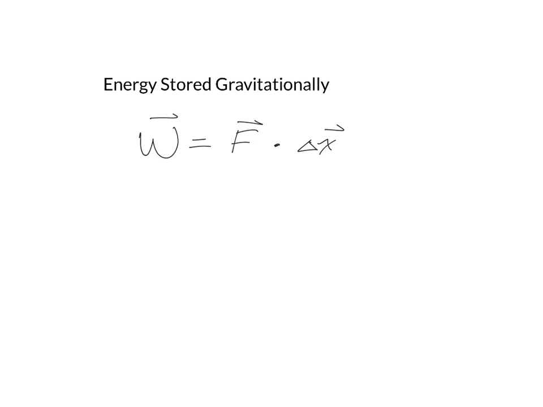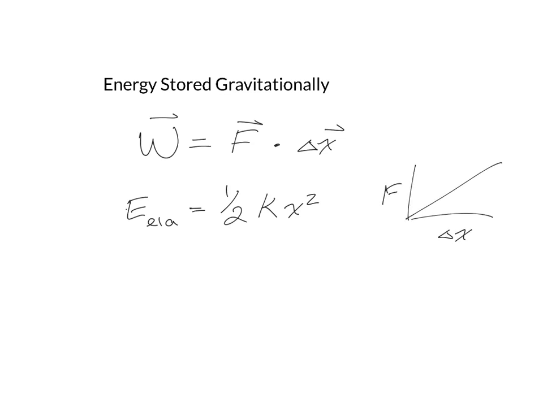And then we use the work equation to help us derive the elastic energy. Remember, this came from spring potential. This was a force versus displacement graph, and it would produce the area under the curve. Since it's a triangle, that's 1/2 of F times delta x.